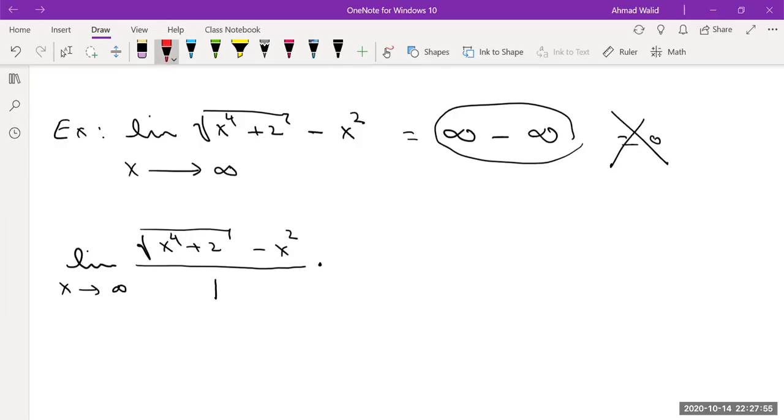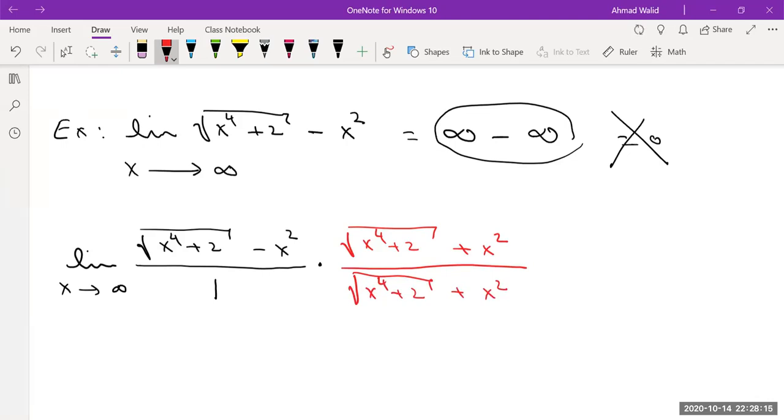The conjugate is the square root of x to the power of 4 plus 2 plus x squared. Same thing, you multiply with the denominator, the square root of x to the power of 4 plus 2 plus x squared. Now multiply the top, multiply the denominator, and after that apply your rule. Divide by the highest exponent of the denominator, and your answer should be 0 at the end, correct?